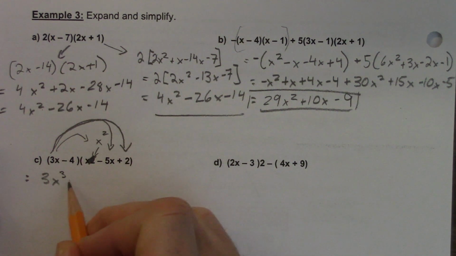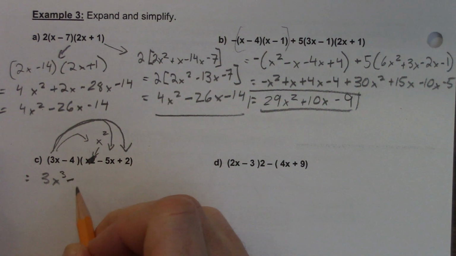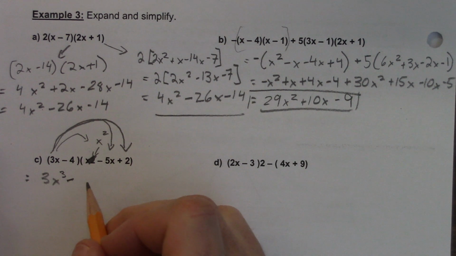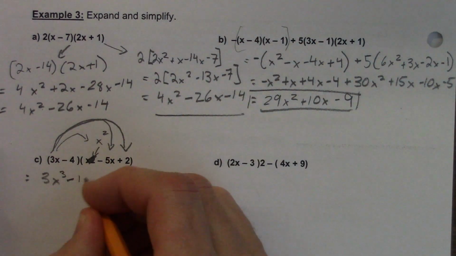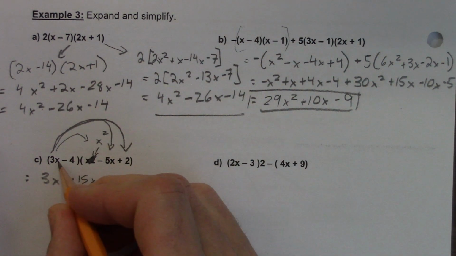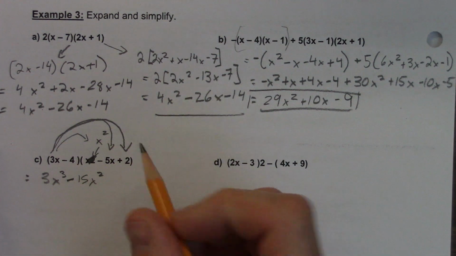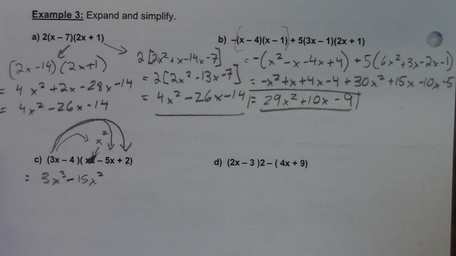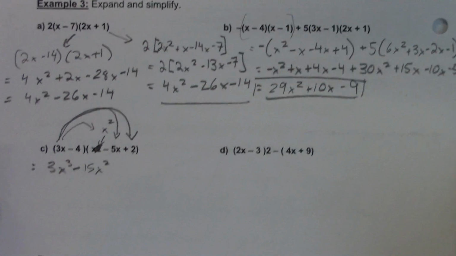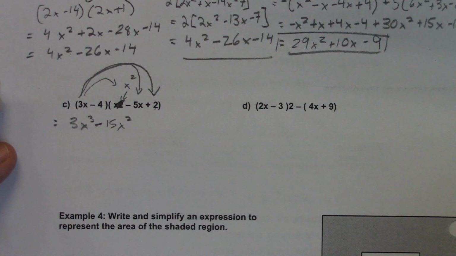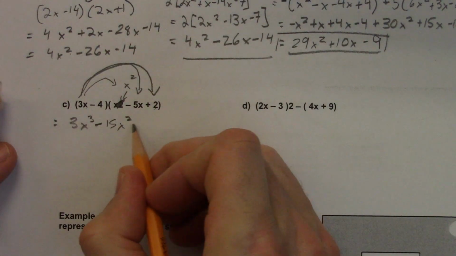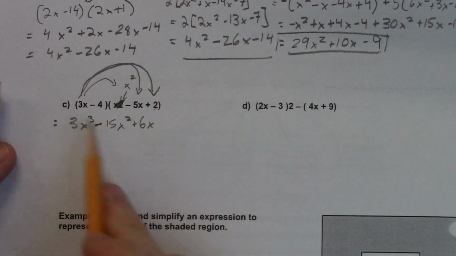Yeah, so negative 5x is what? Yeah, negative 15x what? X times x? Yeah. Okay, now the last 3x times 2. Yeah, good. So now the 3's are all done.